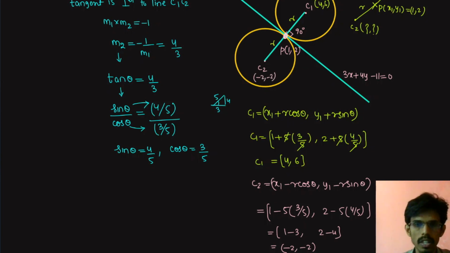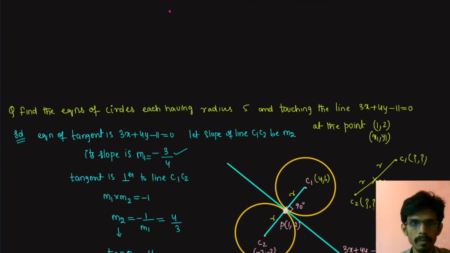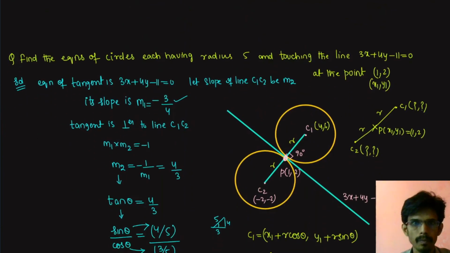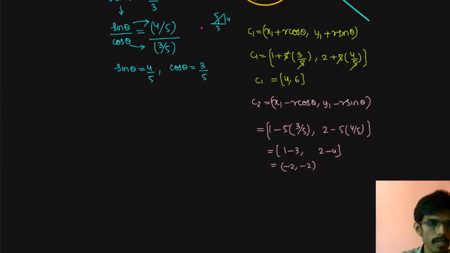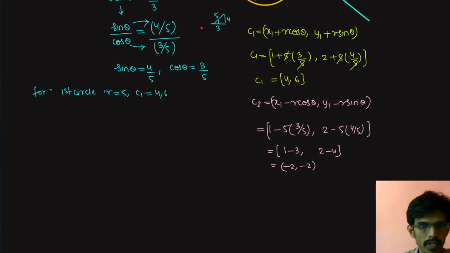So let us get the equation of the circles using these two. For the first circle, the radius is 5 and the center is 4 comma 6.